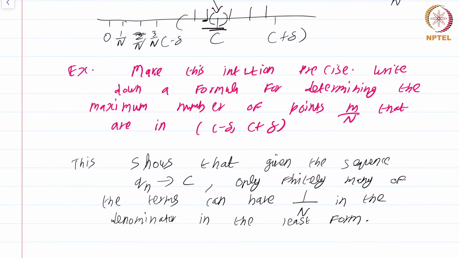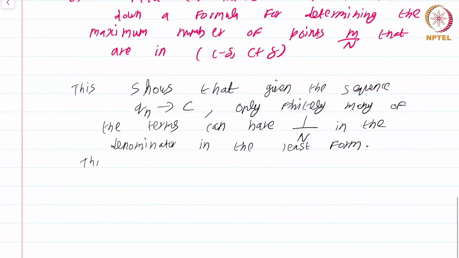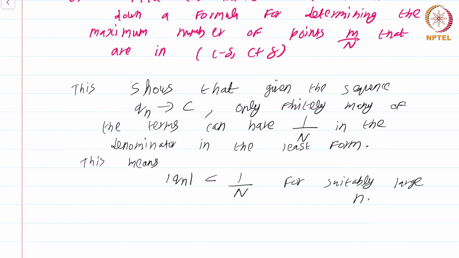Okay. So this means mod f of Qn is strictly less than 1 by n for suitably large n. Why is this? Well, you have to think about this for a moment.